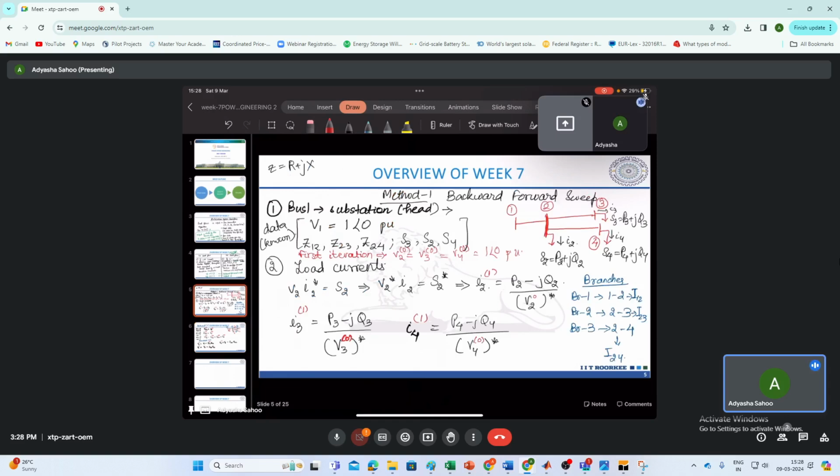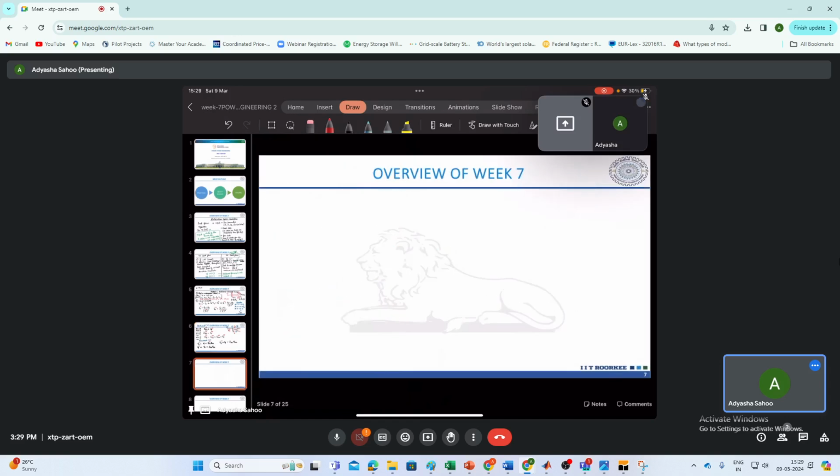You will again calculate the load currents, but here instead of V2 0, you will consider V2 1. So again compute the load current considering the voltage at the end of first iteration V2 1, V3 1 and V4 1.